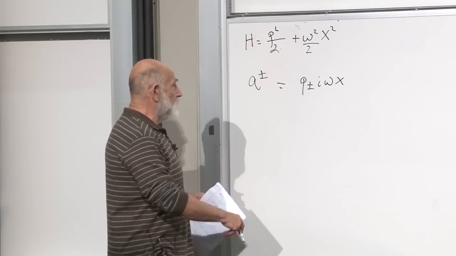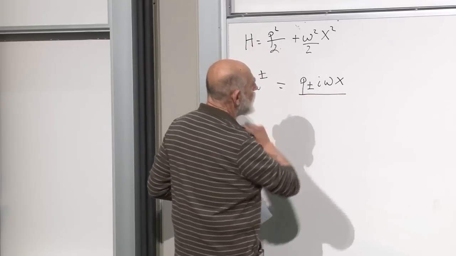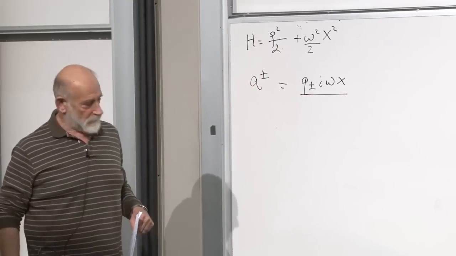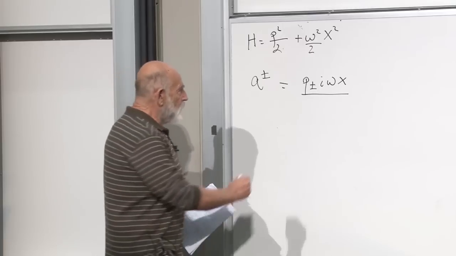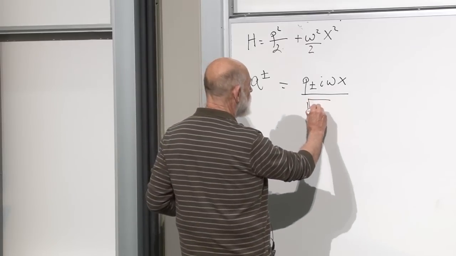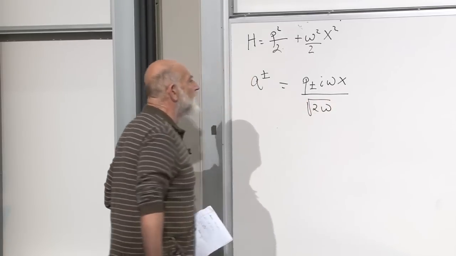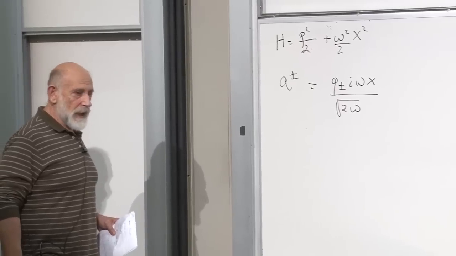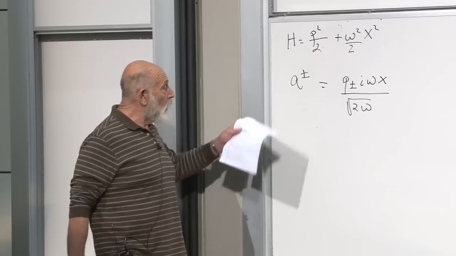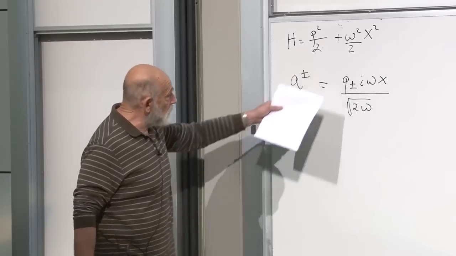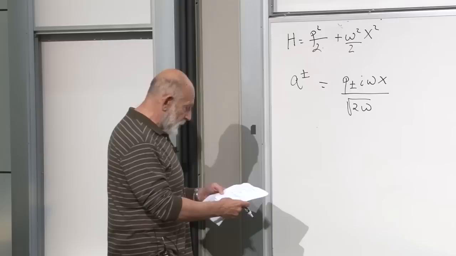All right, so we'll come back to that in a minute, but in order to be consistent with the notations that are ancient, we'll put a square root of 2 omega here. And those are the a pluses or minus. And if you work out classically or quantum mechanically the Hamiltonian in terms of a plus or minus, here's what you find.